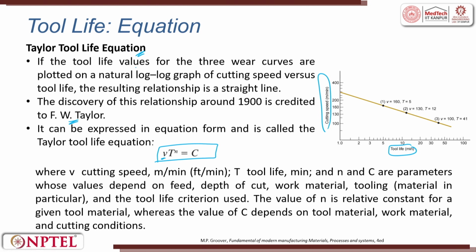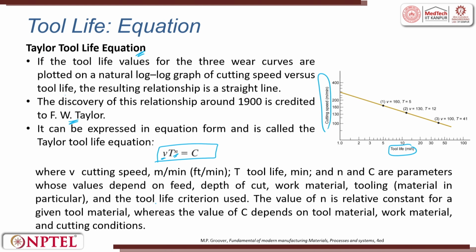So, if the tool life values for the 3 wear curves are plotted on a natural log graph of cutting speed versus tool life, then we get a straight line. The n value we get from the slope.